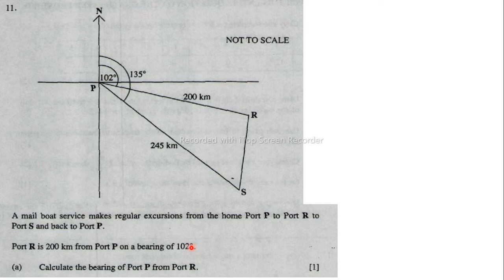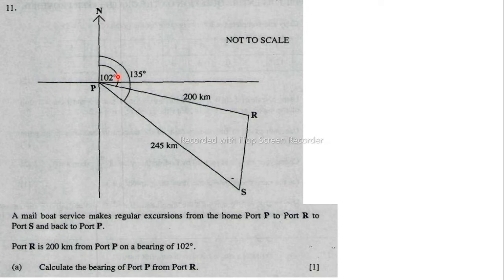And so what that means, if we look at this angle right now, that's 102 degrees. So port R from port P is a bearing of 102 degrees. Remember, we always draw our north, and we always start clockwise.